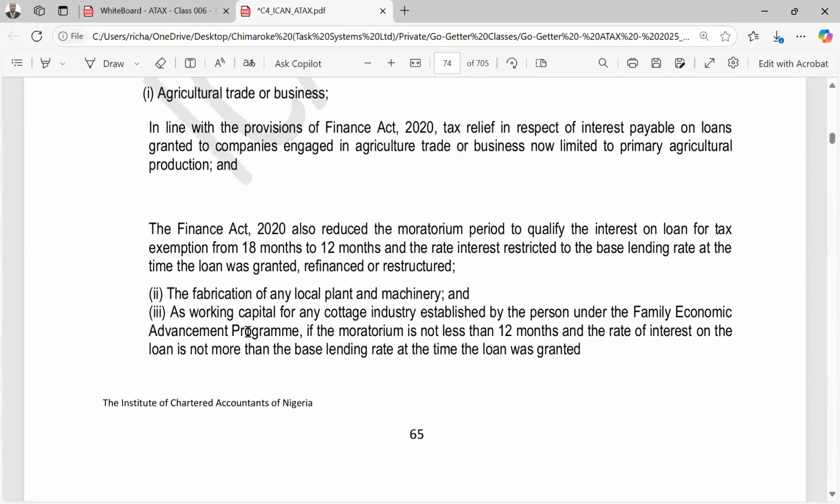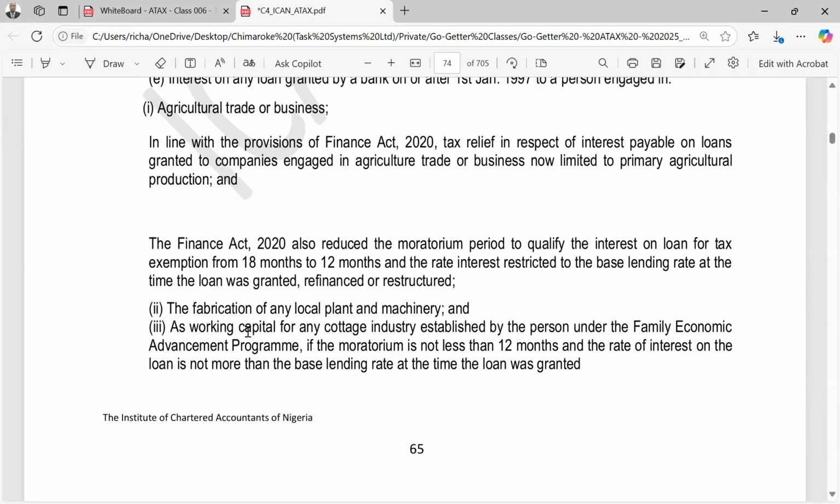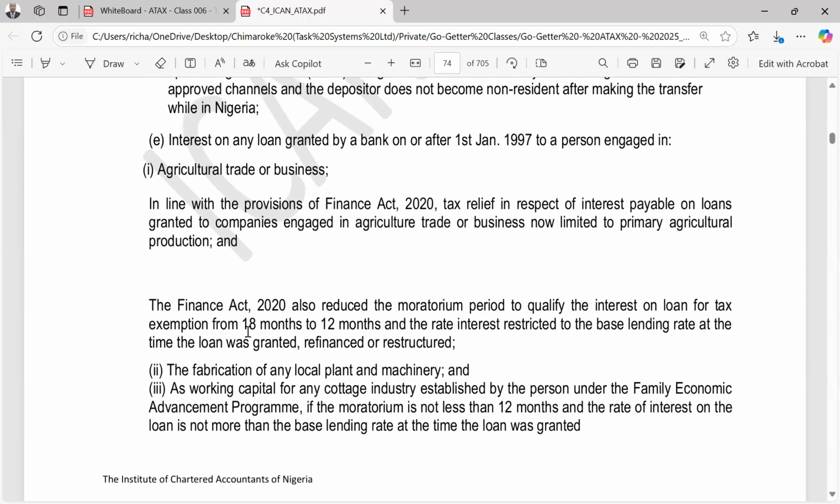So the Finance Act 2020, okay, let me come here. In line with the provisions of Finance Act 2020, tax relief in respect of interest payable on loans granted to companies engaged in agricultural business or trade is now limited to primary agricultural production.